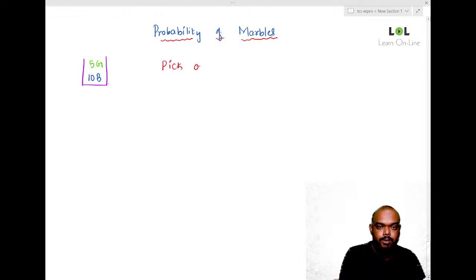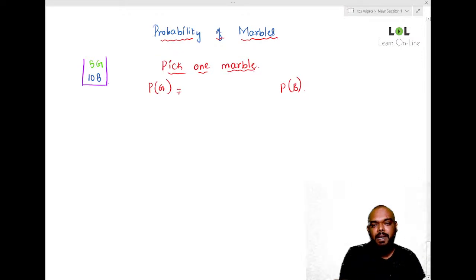Now the question is, what is the probability of picking a green color and what is the probability of picking a blue color? This is the question. Observe. We are picking only one marble, remember that.